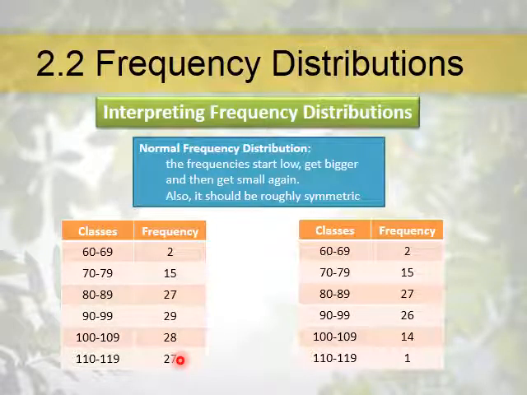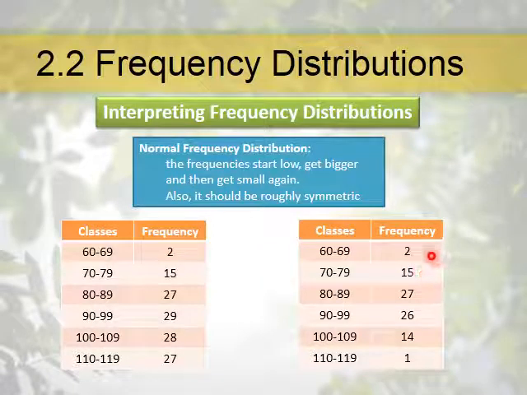However, I wouldn't say that this one is a normal frequency distribution or even approximately normal, because we started out at 2, but we ended at 27, and those are fairly different. So even though we started low, got big, and then went low again, this isn't symmetric because this last one is not close to the first one.